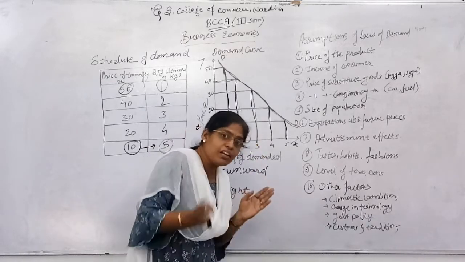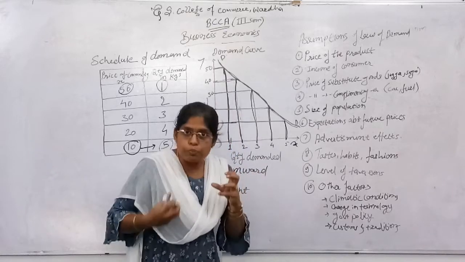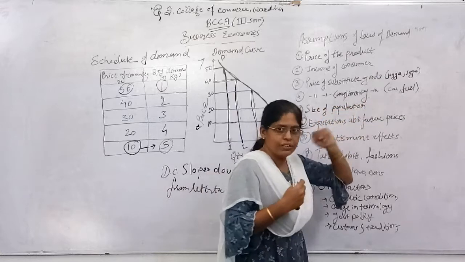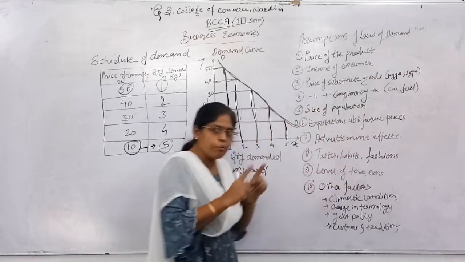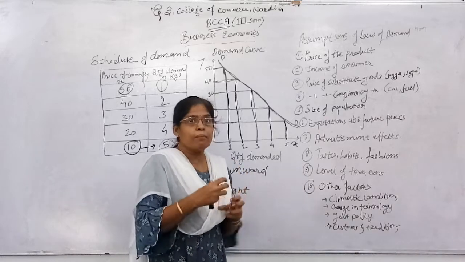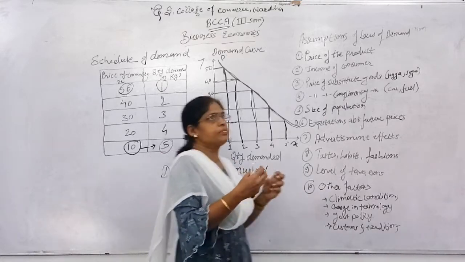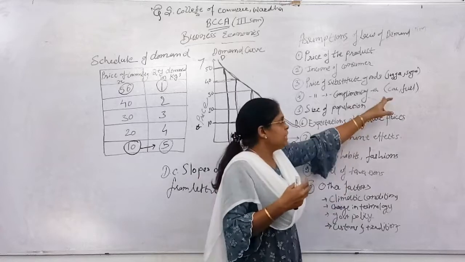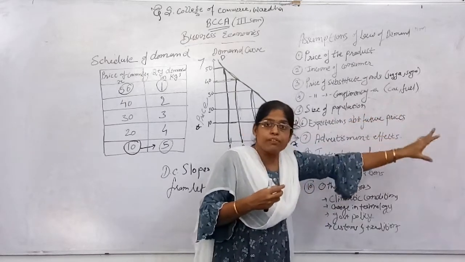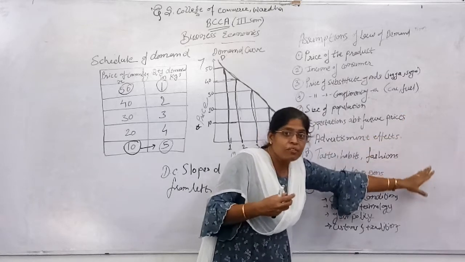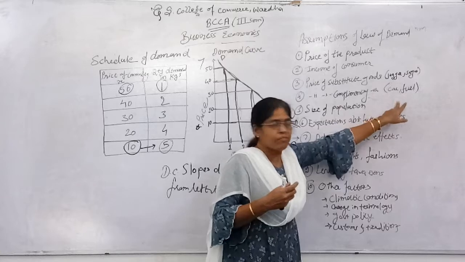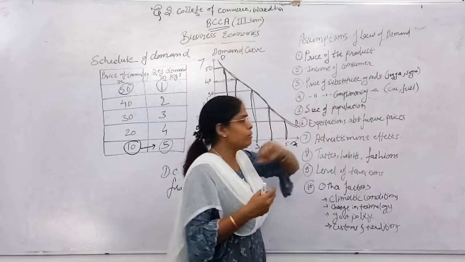They will prefer other vehicles which consume less petrol or fuel. As compared to four-wheelers, two-wheelers give more mileage, meaning better averages. That is why people will not buy the car but will prefer to buy two-wheelers or other vehicles. That is why I am giving the example of car and fuel. So, price of complementary goods.